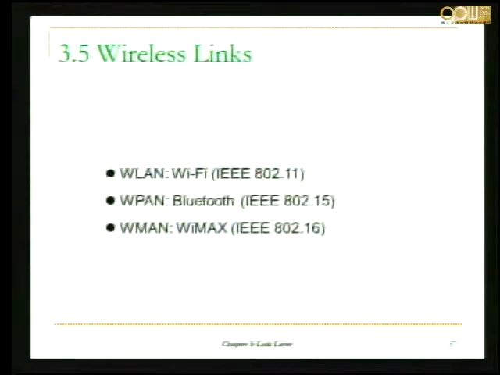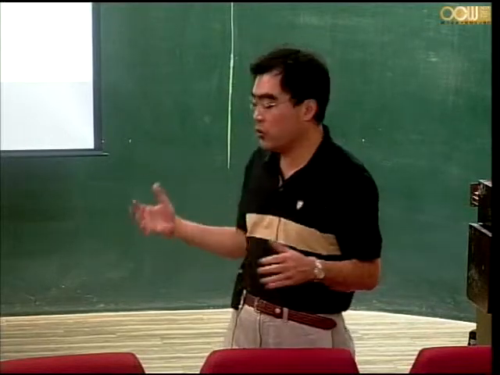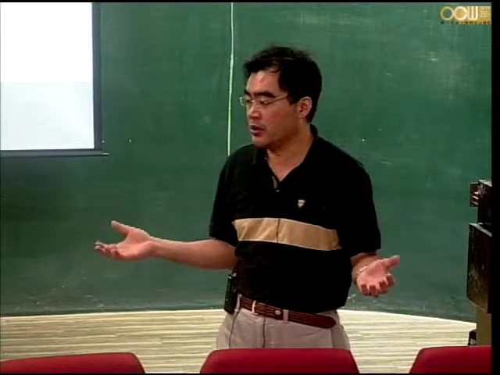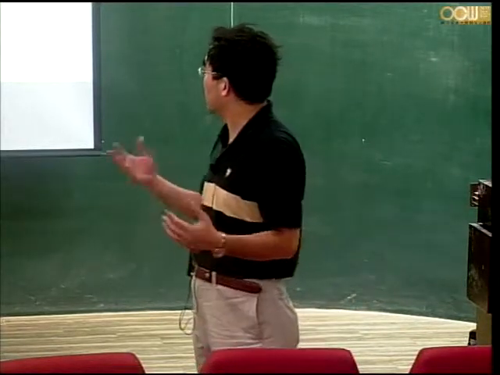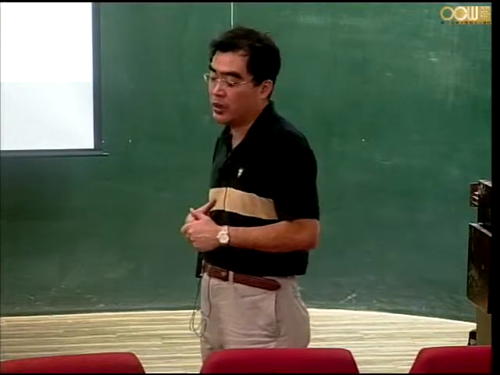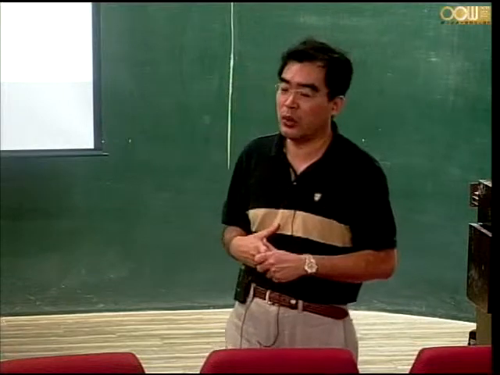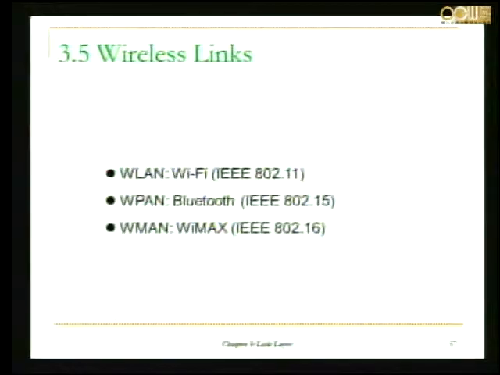The personal area, within several meters, by Bluetooth, will remain as a broadcast environment. So is the wireless LAN environment within say 50 meters to 100 meters. It will be a broadcast environment.